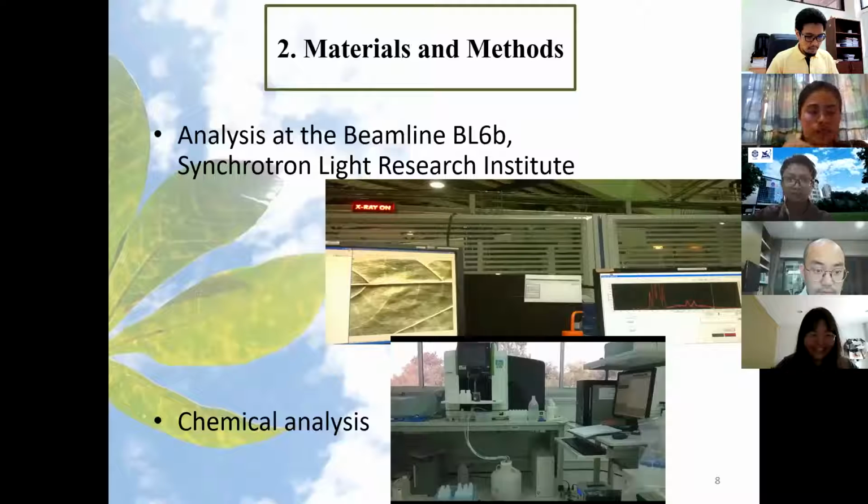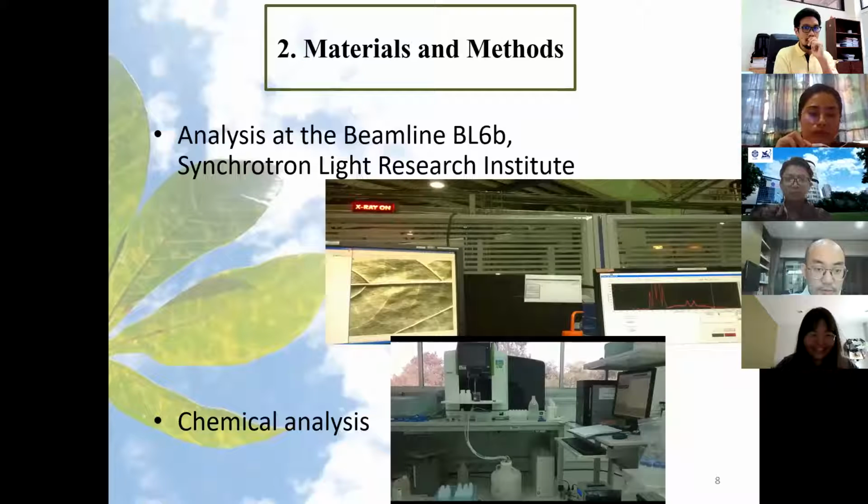The analysis was conducted at Beamline 6 at the Synchrotron Light Research Institute in Thailand. The energy ranging from 2 to 15 keV was focused by a polycapillary half lens, obtaining a 30 by 30 micrometer micro X-ray beam at the sample position. A single element Vortex EM 600 and 50 silicon drift detector was used to count the fluorescence from the selected area of cassava leaf.